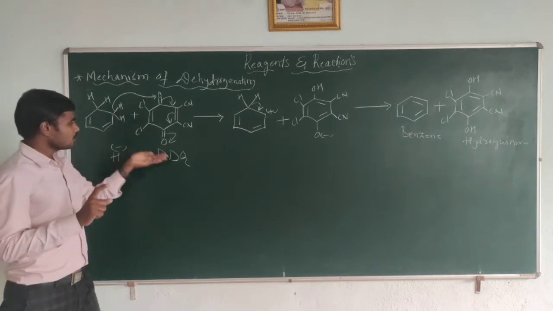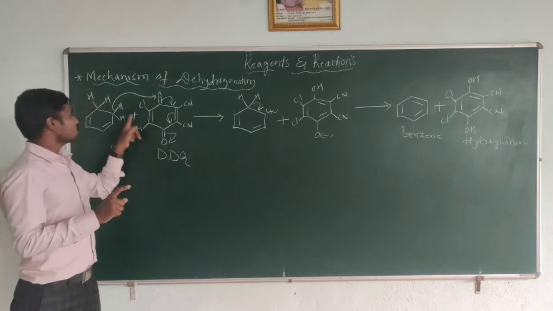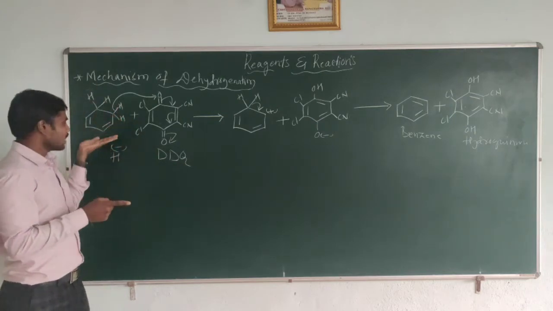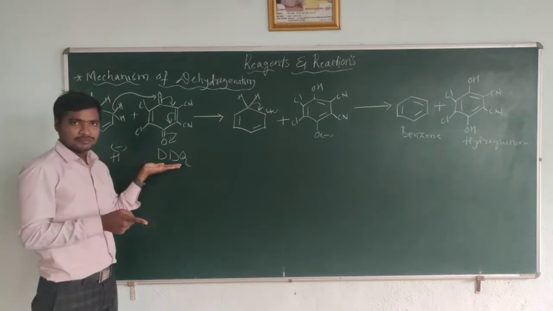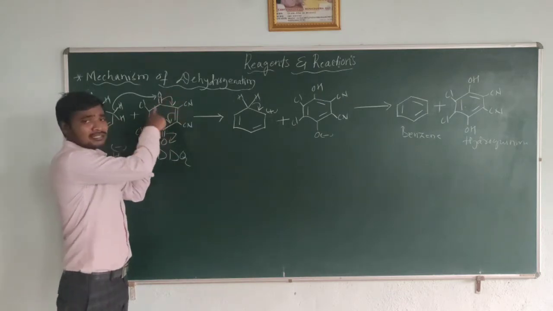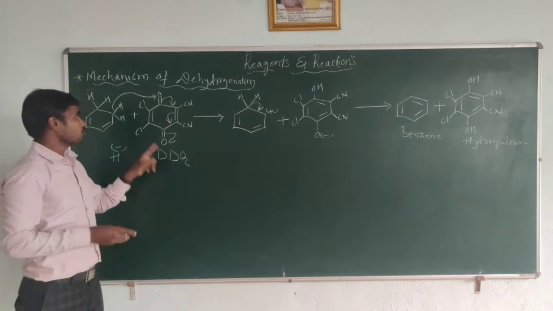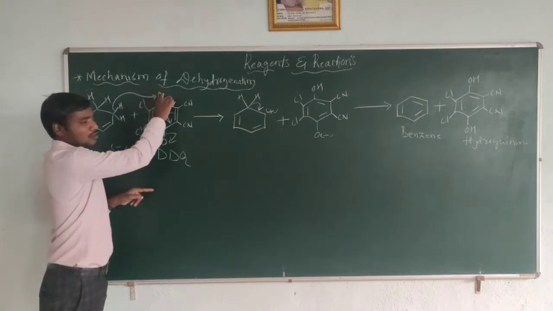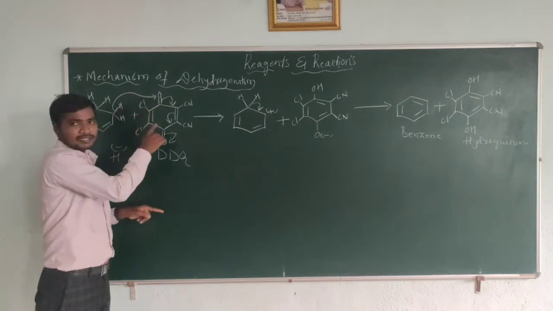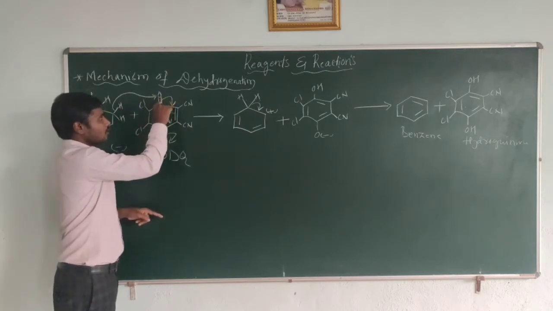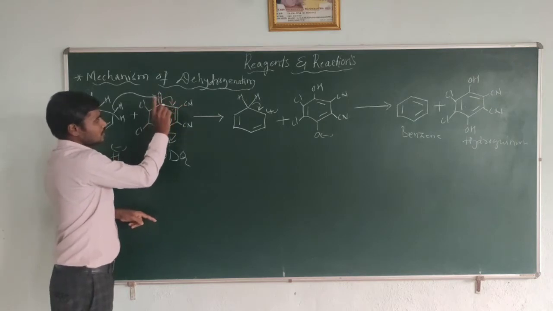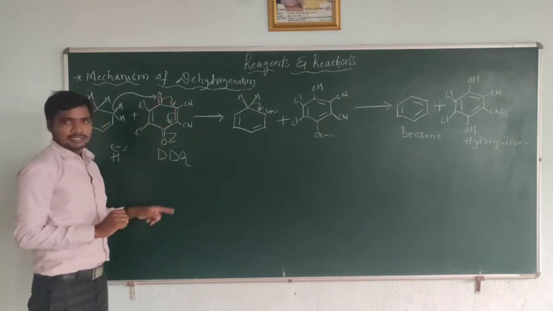Then in the DDQ molecule, after transferring the hydride ion from the reactant molecule into DDQ, there is a resonance that takes place in DDQ. That means this H attacks the oxygen as H minus, then the double bond between oxygen and carbon shifts between these two carbon atoms, and the resonance takes place.